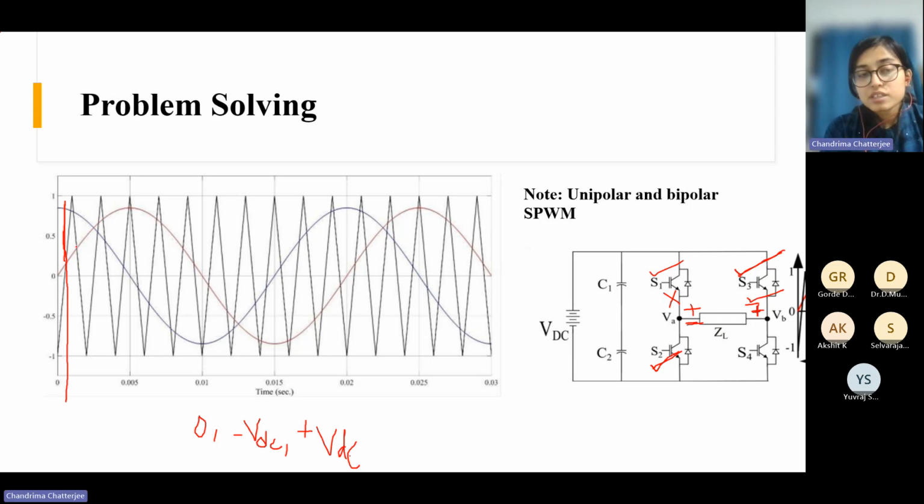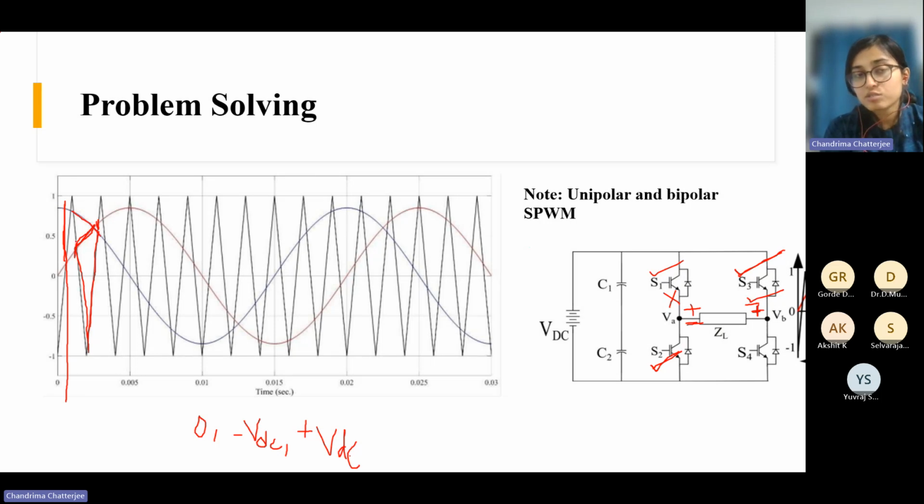Similarly, in this period, you see the portions which I am highlighting here and here. During these portions, the triangular is negative. It is going like this and it is staying negative. But you see the reference waves are this and this, so obviously they are higher than the triangle, right?